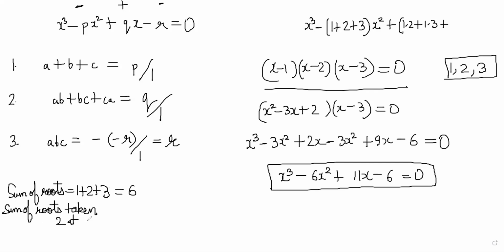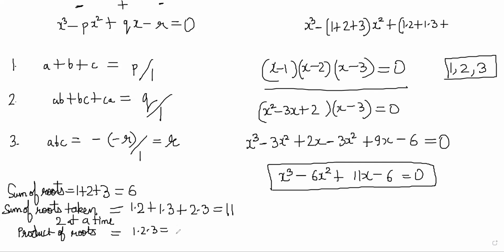Two at a time means take two of them, multiply them, then add other such pairs. So basically 1 into 2 plus 1 into 3 plus 2 into 3, coming out to be 11. Yeah. And sum of roots taken 3 at a time, basically that will be just the product of the roots. 1 into 2 into 3 is 6.